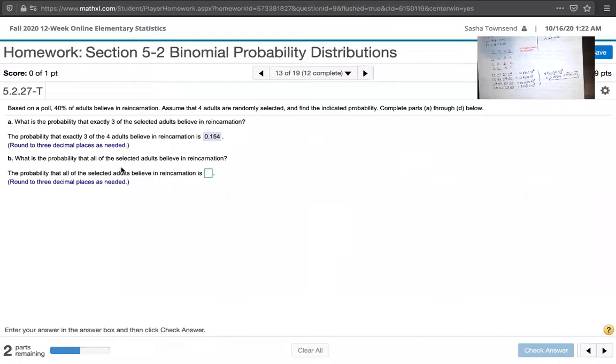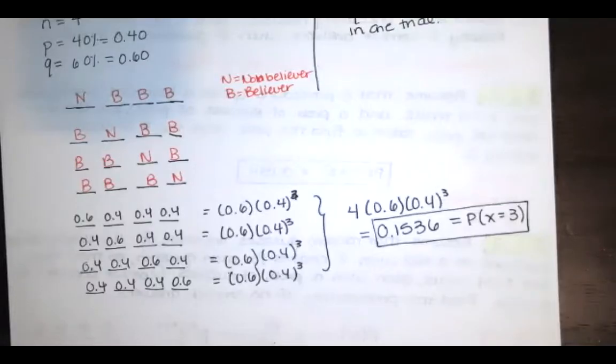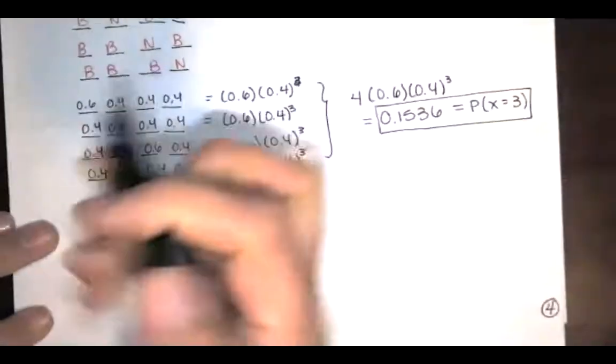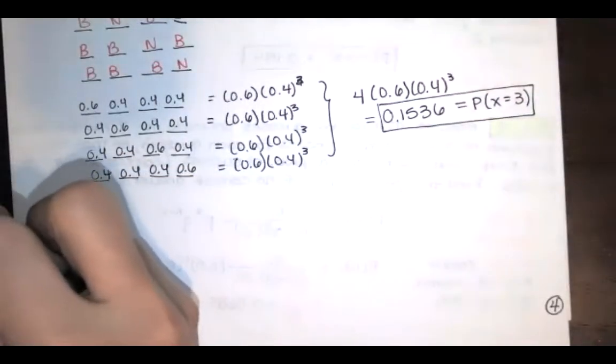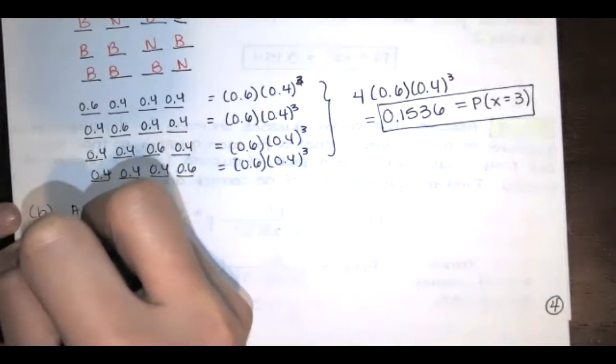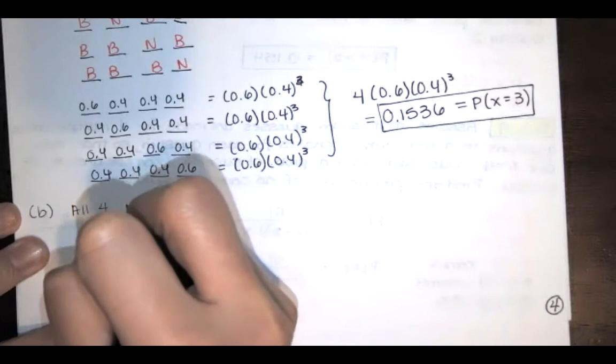It says, what's the probability that all of the selected adults believe in reincarnation? Well, in that one, you can use the multiplication rule. I mean, we could use the binomial formula for probability again, but we want all 4 to believe in reincarnation this time.